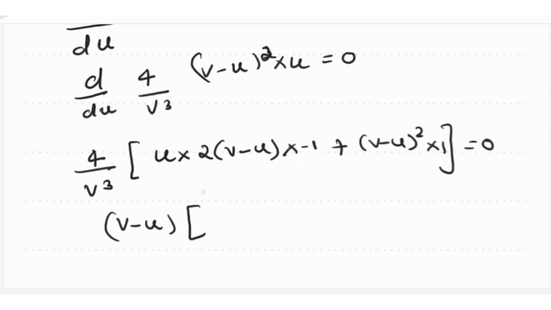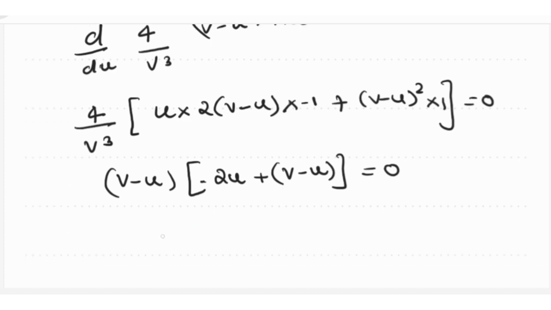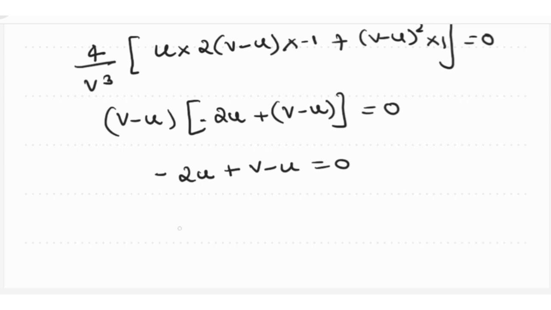So what is left is 2u here, that is minus, plus, so what is left is v minus u here, so that will be equal to 0. What is left is minus 2u plus v minus u, that will be equal to 0.